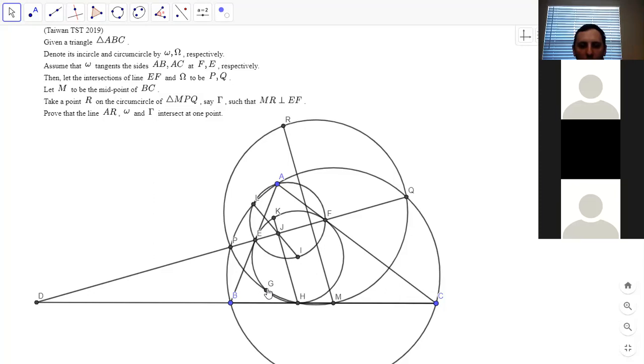So if G, K, E, F are harmonic, G is the Miquel point of the, let's call H prime the orthocenter of the triangle HEF.